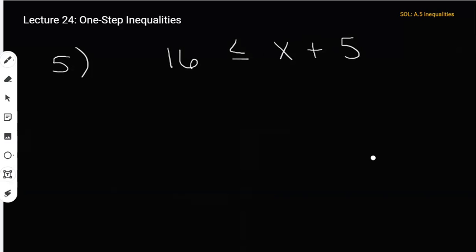Now, obviously, you're going to have to get rid of the plus 5, so you need to subtract 5. But once you do that, then you'll pretty much have it, because all you got to do is one step. And then get your solution set and your number line going.